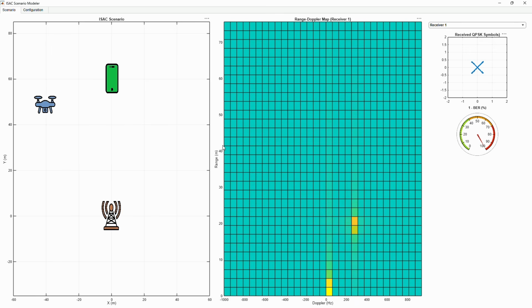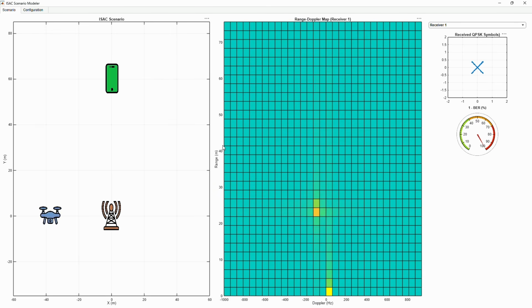We see the x's there, but the amplitude is kind of messed up because of the multipath. But when the multipath is gone, because the drone is in between the base station and the UE, there's only a single path, and we see the QPSK constellation as we would expect.